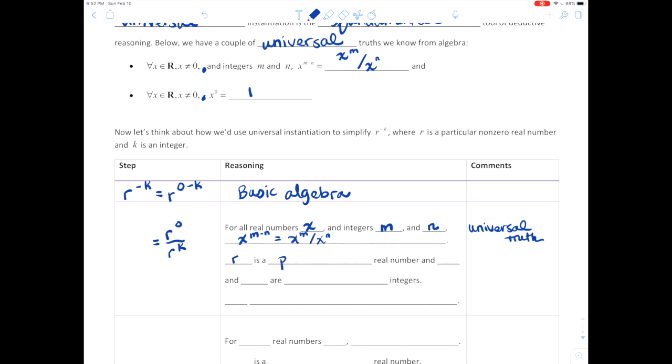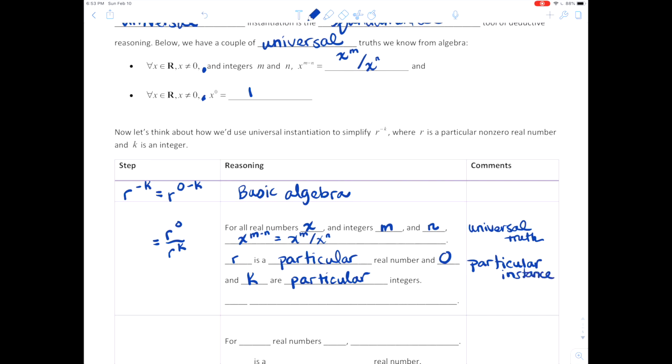R is a particular real number, and 0 and k are particular integers. All right, we're looking at a particular instance. So we go from a universal truth and we apply a particular instance to that universal truth.